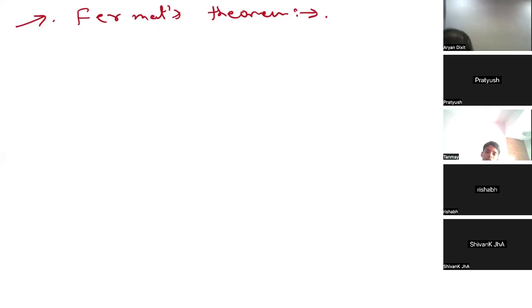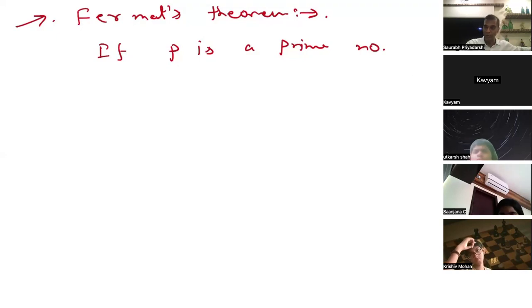The theorem says that if p is a prime number, one more thing: this theorem is okay with all prime numbers, but there are a few pseudo primes. They are not exactly prime, but the numbers behave as prime.